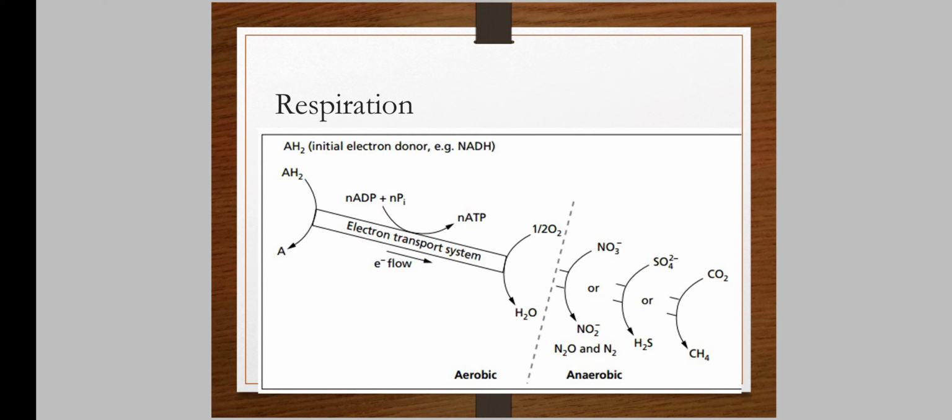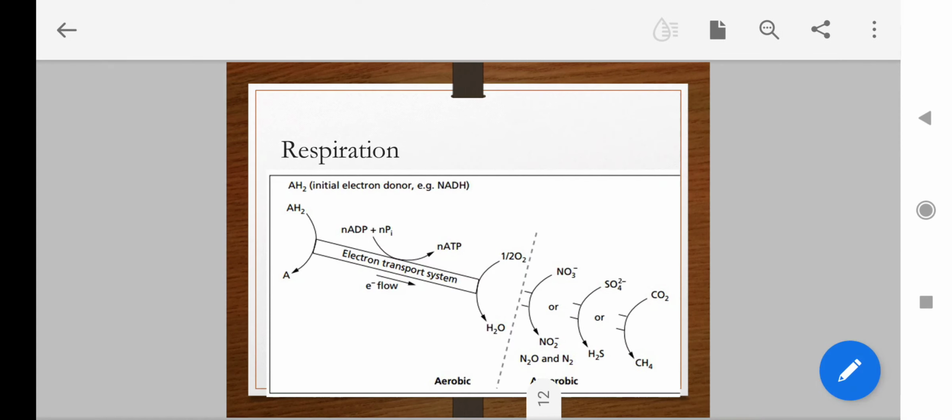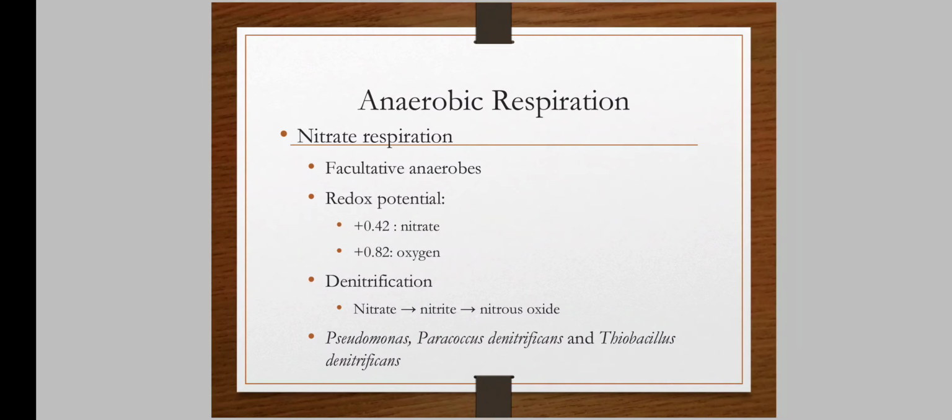So they both utilize an electron transport system. What is different here for the anaerobic organisms is that they have a different electron acceptor. For aerobic respiration, oxygen is the electron acceptor. For the anaerobes, they utilize nitrates, sulfates, or even carbon dioxide.